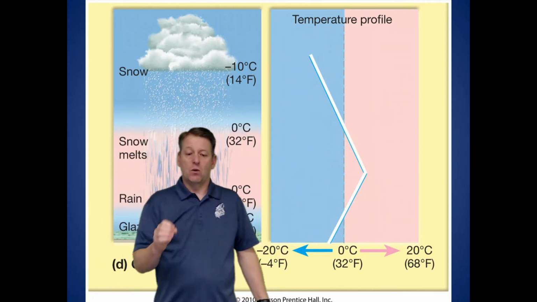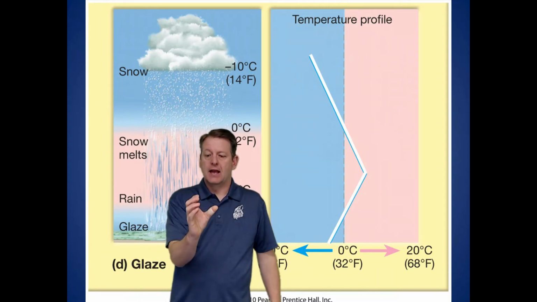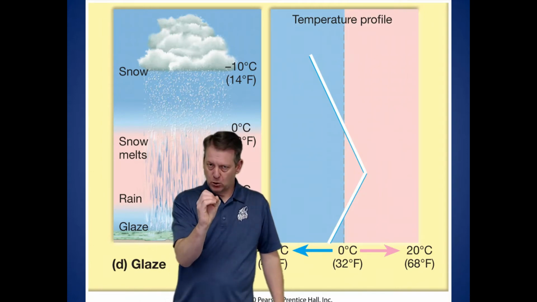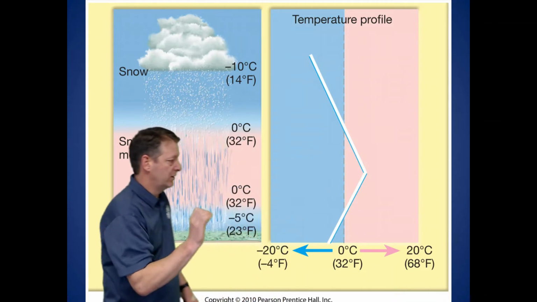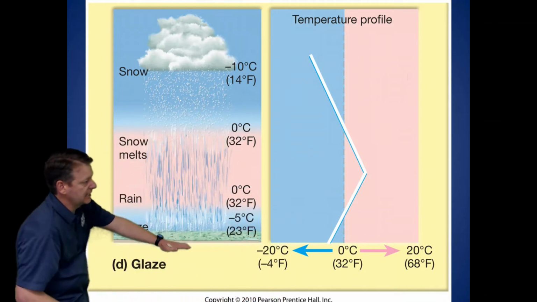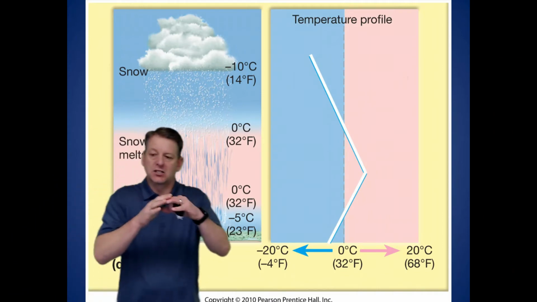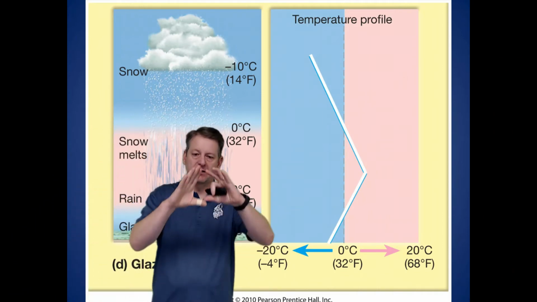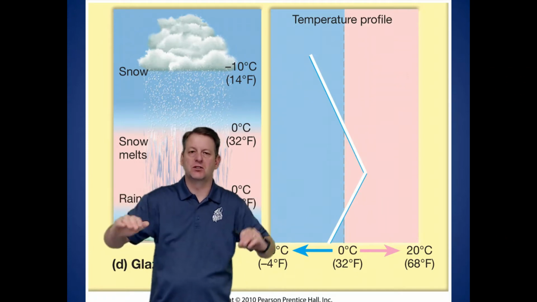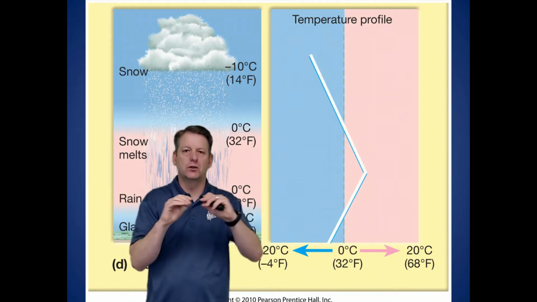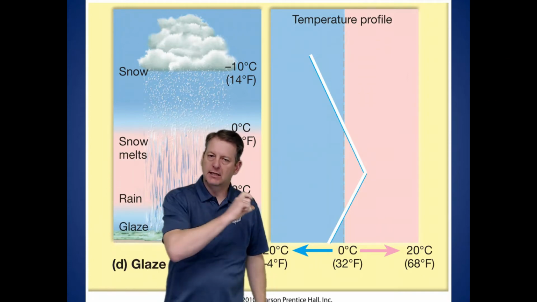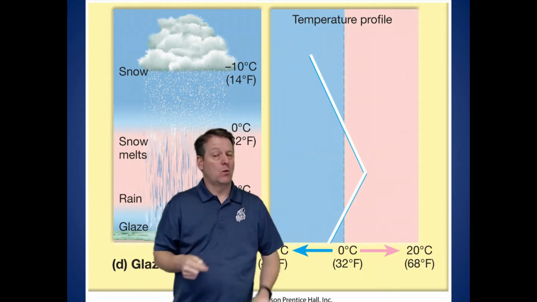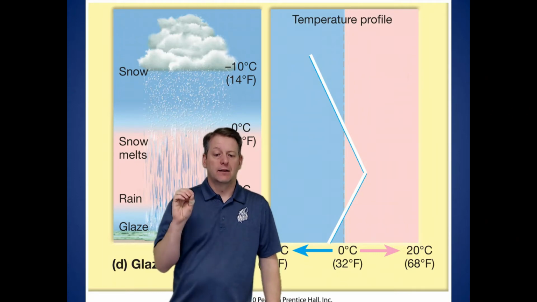You have that water that falls down and it is super cold. It is ready to freeze, but it's not quite there yet. And when this raindrop falls down as glaze and it hits, it's going to spread out. And as it spreads out, it's going to thin out and flatten out, which is going to increase that surface area. And once you do that, it allows that heat to just be released. And once it releases, bam, that water will freeze. Okay, this is what we call glaze.